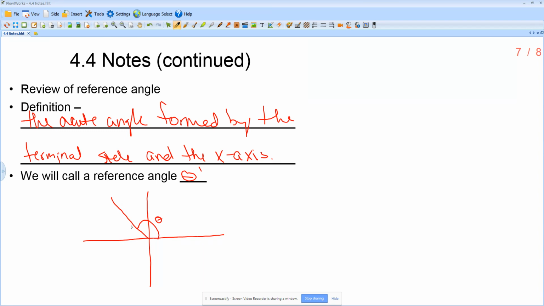But what I can do is use the reference angle over here and then use this right triangle. So this is my reference angle. Because having the same terminal side is going to mean that they're going to have the same sine, cosine, tangent, all those 6 trig functions, while technically being a different angle.